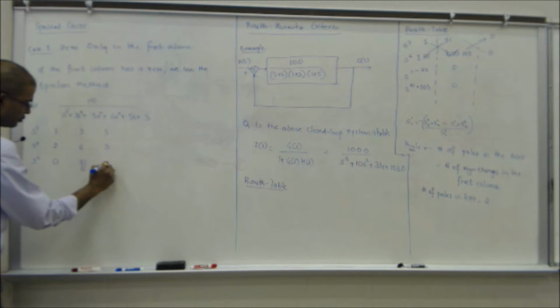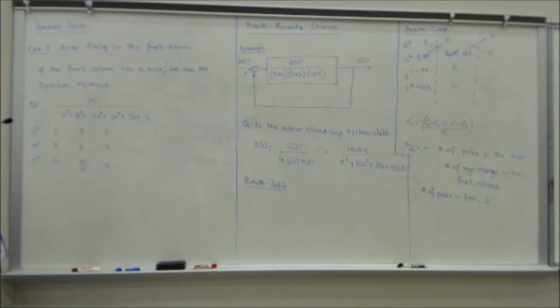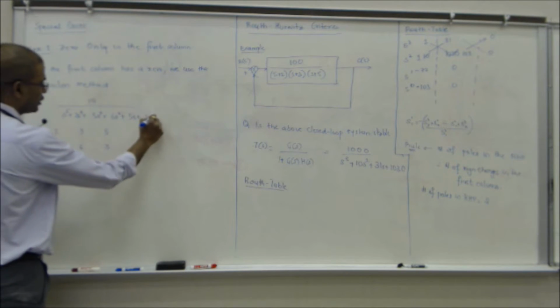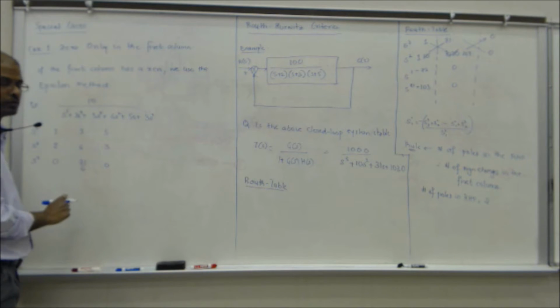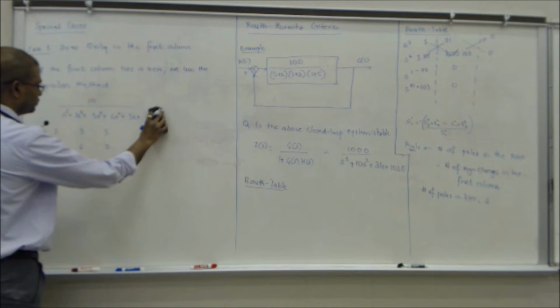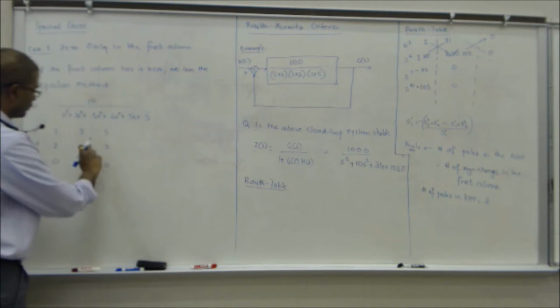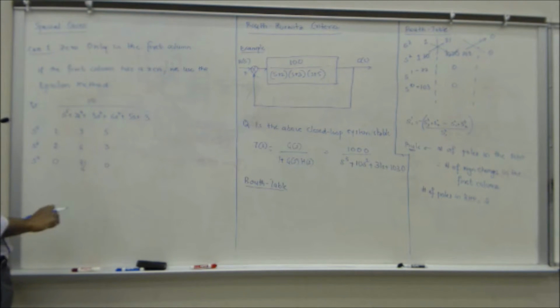This would be 0. Oh yeah. You have 2, 6 and 3, right? So this is considered S0, right? So you have 6, 5 minus 9 over 6, right?